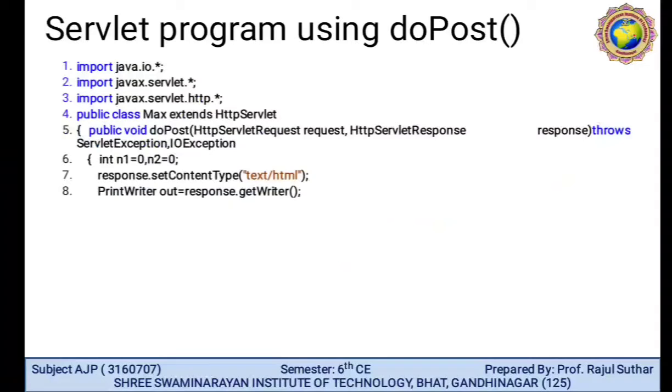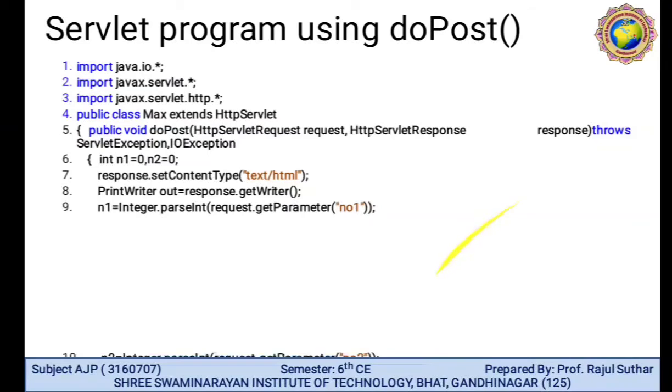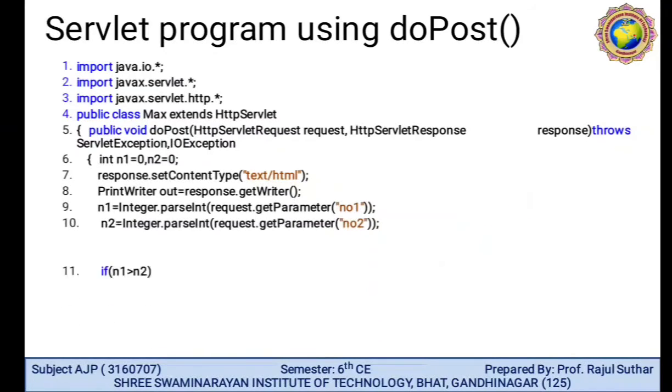PrintWriter out is equal to response.getWriter. First n1 is required, so n1 is equal to Integer.parseInt(request.getParameter number 1). n2 is equal to Integer.parseInt(request.getParameter number 2).